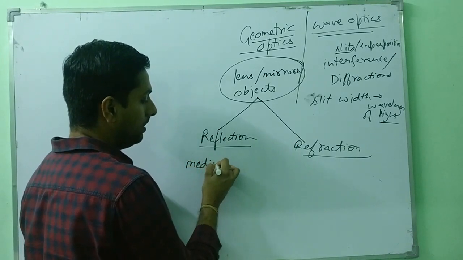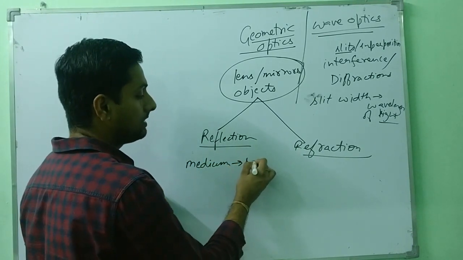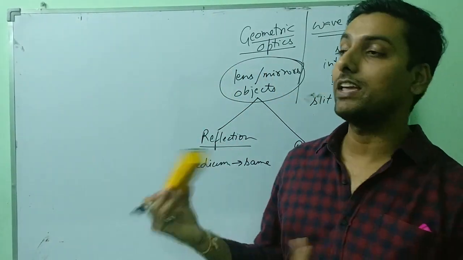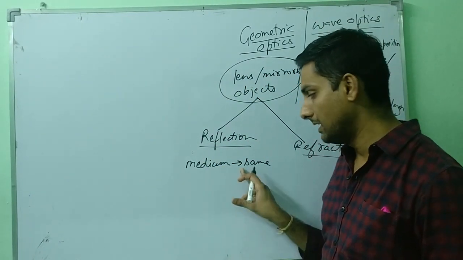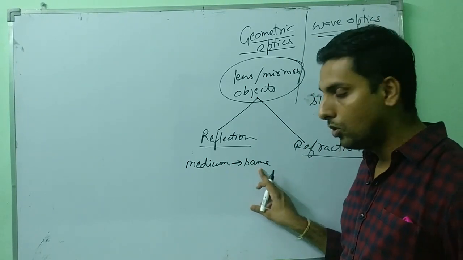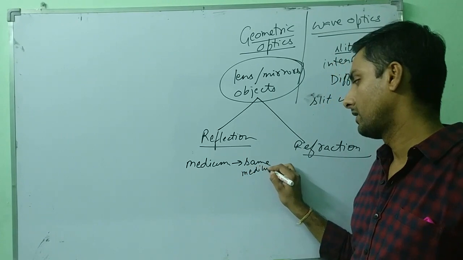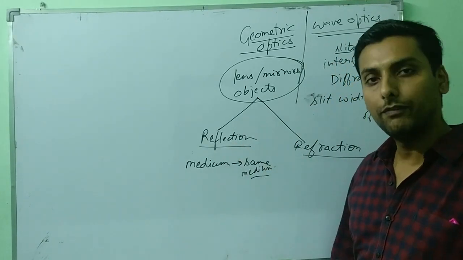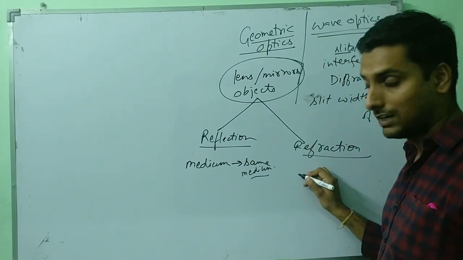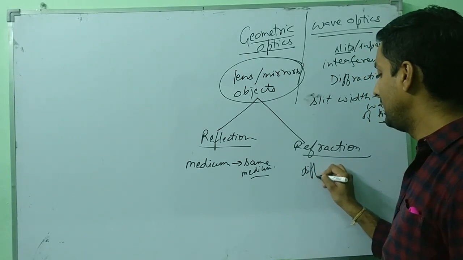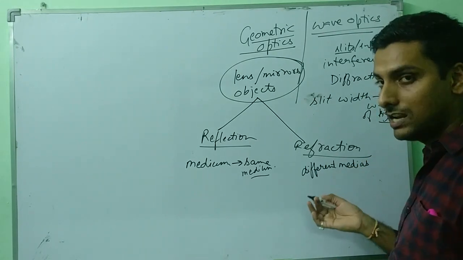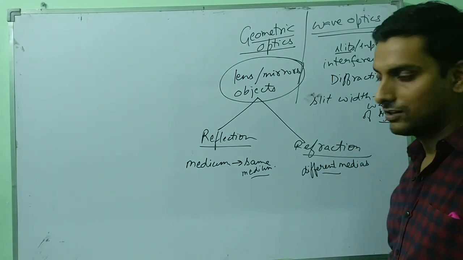When the medium is the same, whether it is the light that is incident or after striking the surface the light goes in the same medium, the striking light and the bouncing light both go in the same medium, then it is called reflection. And when the striking light and the bouncing light go in different mediums, that is, the medium is changed, then that process is called refraction.